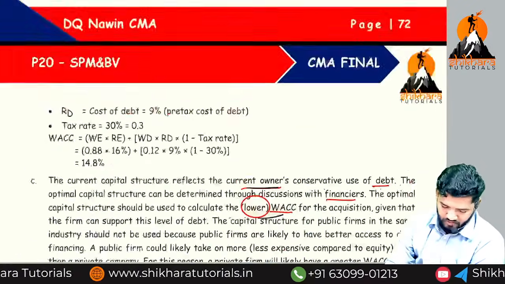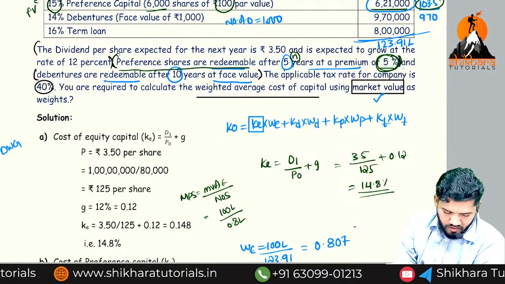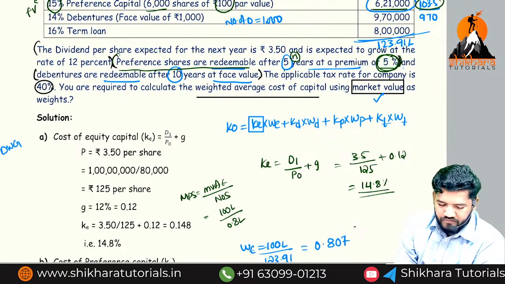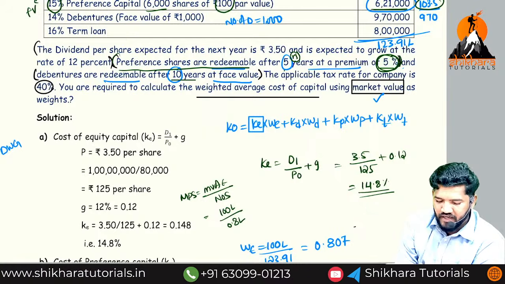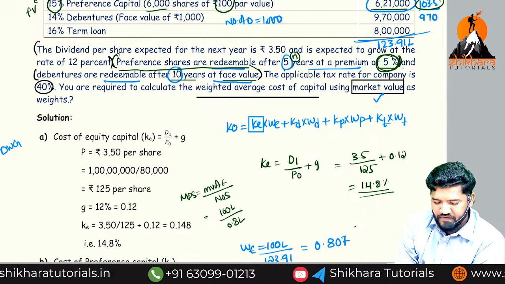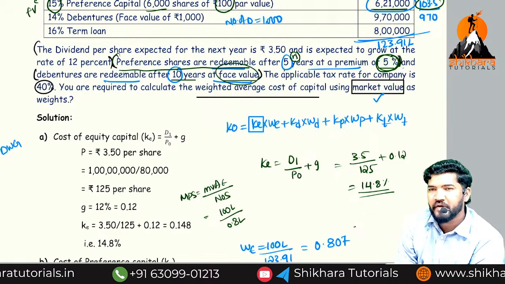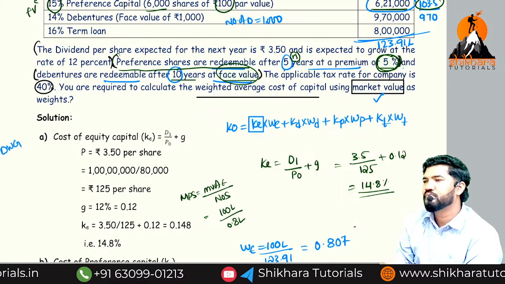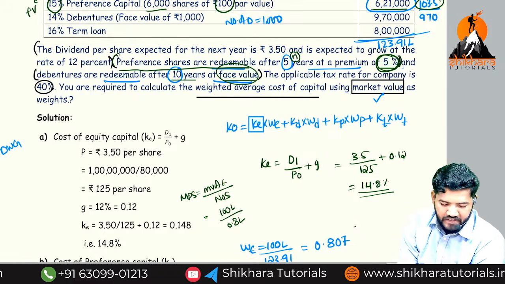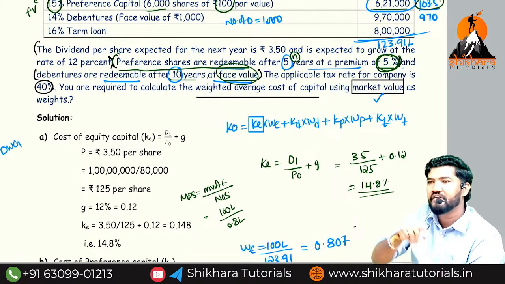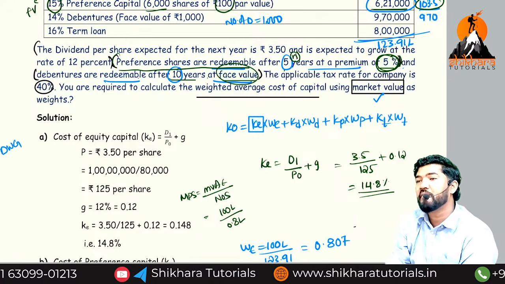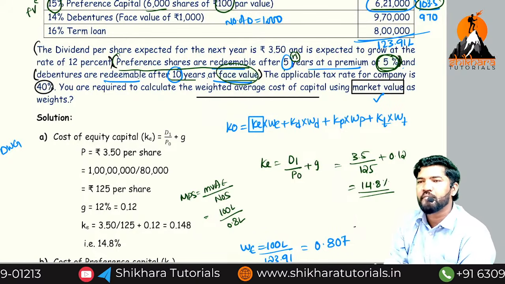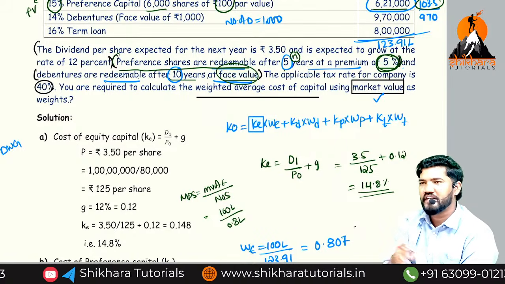Next one. Debentures are redeemable after 10 years at face value. What about this face value? Issue time face value or repayment time face value? Debentures are redeemable after 10 years at face value, so it is repayment time face value. They are repaying at face value. That is the meaning.